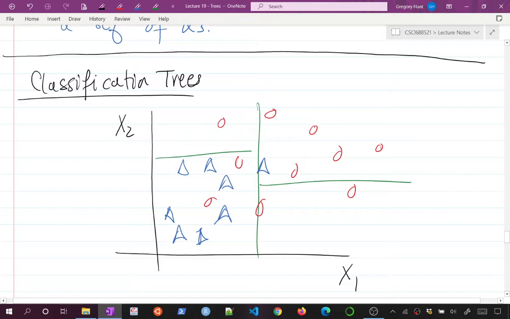With the idea that you will do well predicting, because you're very sure that those rectangles are one class or another. But basically the algorithm is the same, except instead of RSS, you replace it with misclassification rate or Gini index or entropy. And the whole cost complexity tuning is the same.